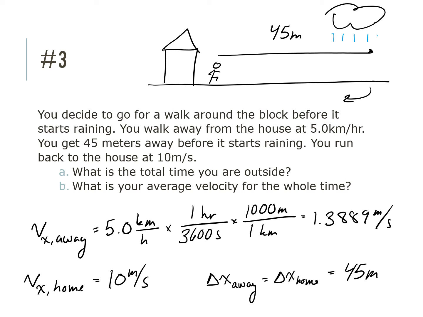So both are 45 meters. In part A, we are being asked for the total time, the time we are outside running. For part B, we are finding the average velocity for the whole time.